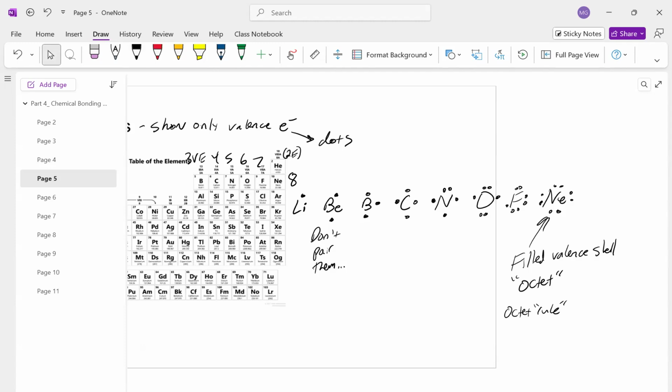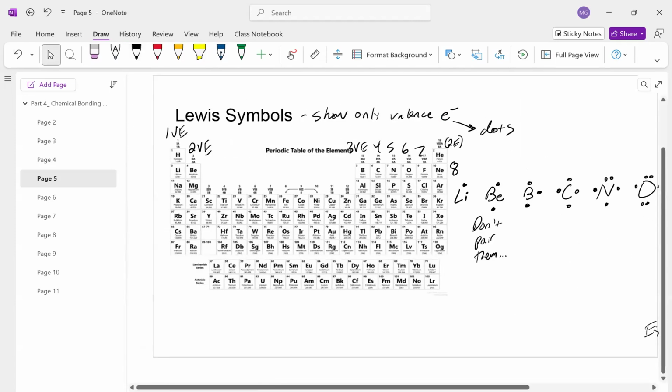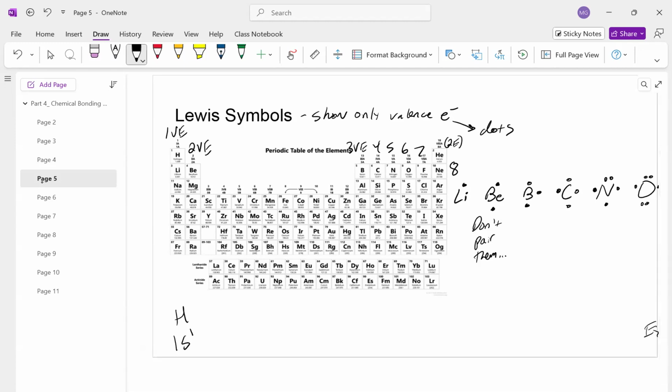Now, already there are some exceptions to this octet rule, exceptions like hydrogen and helium. Think back to hydrogen here. Hydrogen is just 1s1. It can't gain, and it doesn't want to gain, seven more electrons. But if it does gain one more, then it can be like helium, which is just 1s2.